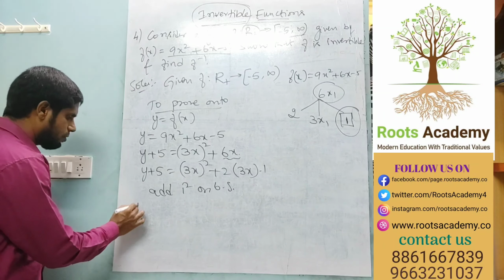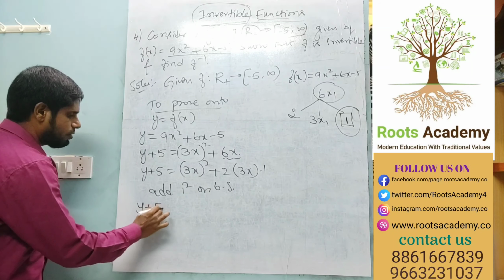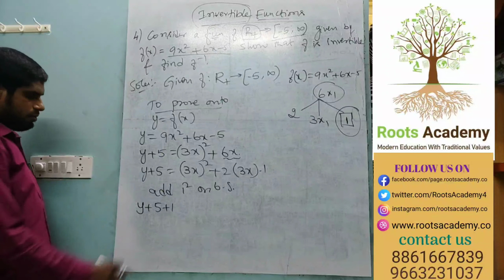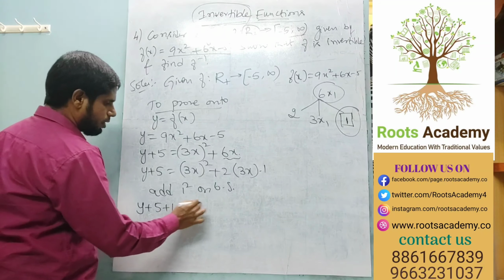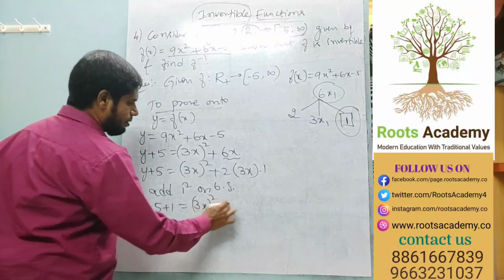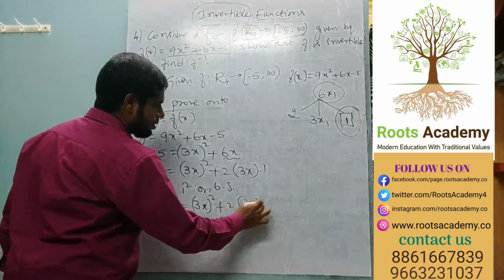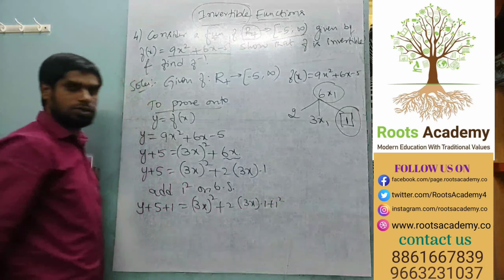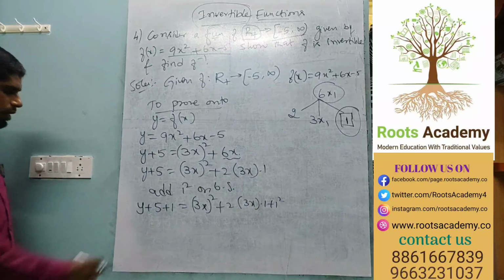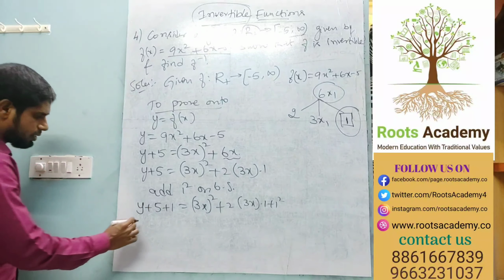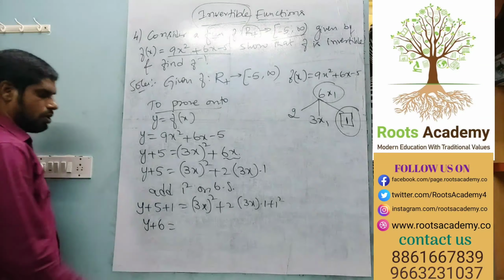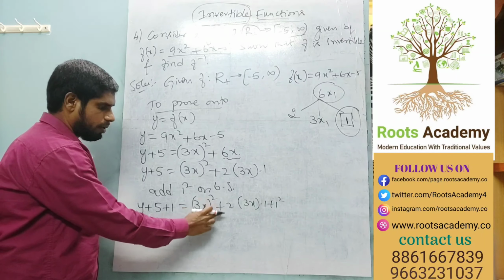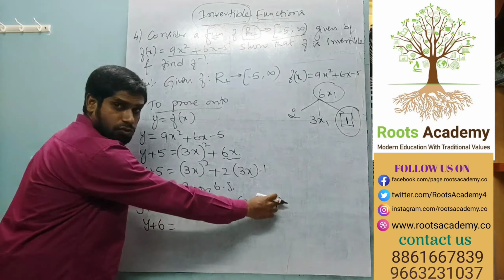So what do I get? 1 square value is 1, so no need to worry, we can just write 1. So it is equal to 3x whole square plus 2 into 3x into 1 plus 1 square. Now student, 5 plus 1 is 6. So y plus 6 is equal to a square plus 2ab plus b square.